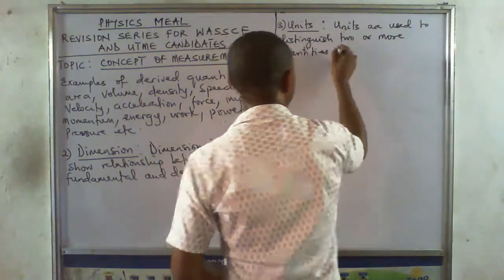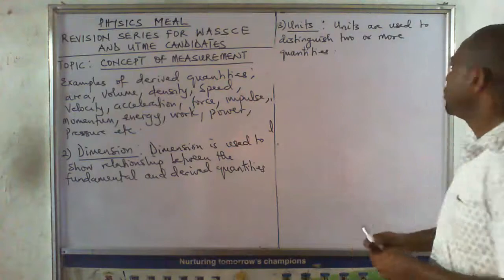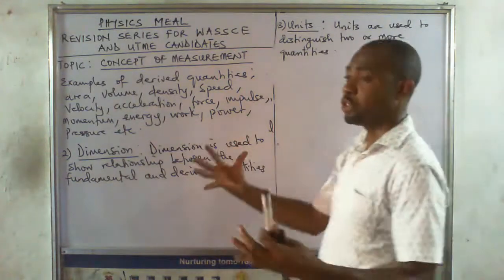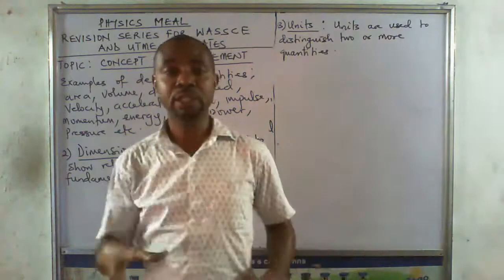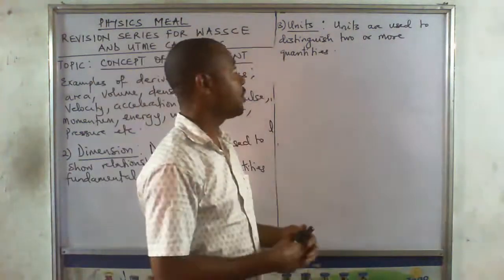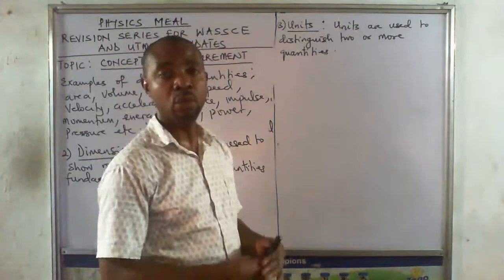If we want to show the difference between two or more quantities, we use units. Dimension we use to relate fundamental quantities and the what? Derived quantities. Then we use units to show the difference that exists between two or more quantities.